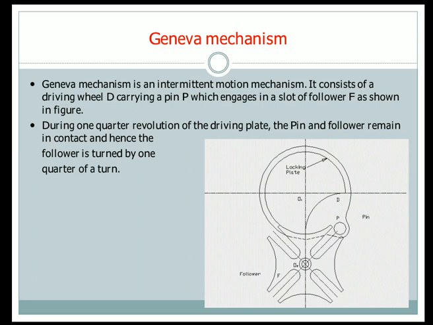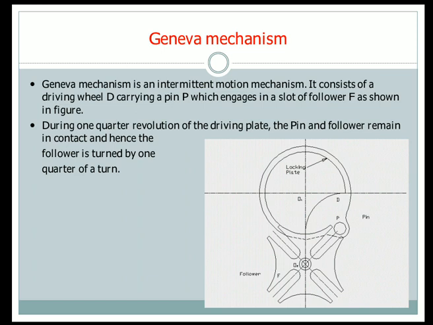That is, if the driving wheel rotates one complete circle, the follower will rotate only a quarter of the circle. As you can see, during one quarter revolution of the driving plate, pin and follower remain in contact, and the follower will rotate one quarter of the complete rotation.